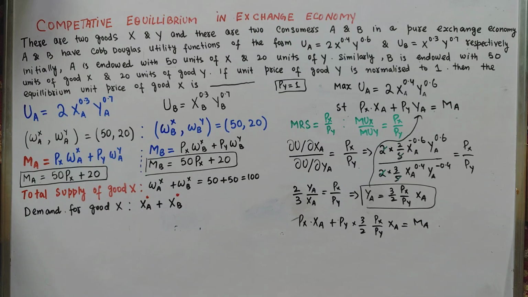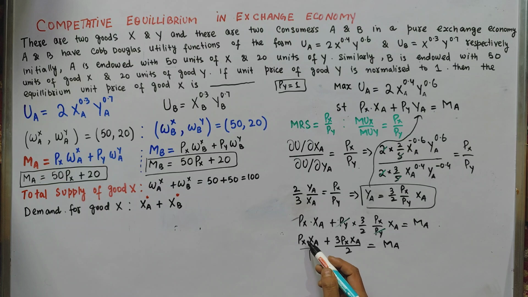Okay, here we can do some cancellation. Y and y gets cancelled. Px into xa, px into xa, they are the same term, so let me write it properly. Price of x into units of x, plus then we have 3 px into x divided by 2 is equal to income of person A. Doing cross multiplication, since they are like terms, we can add them up.